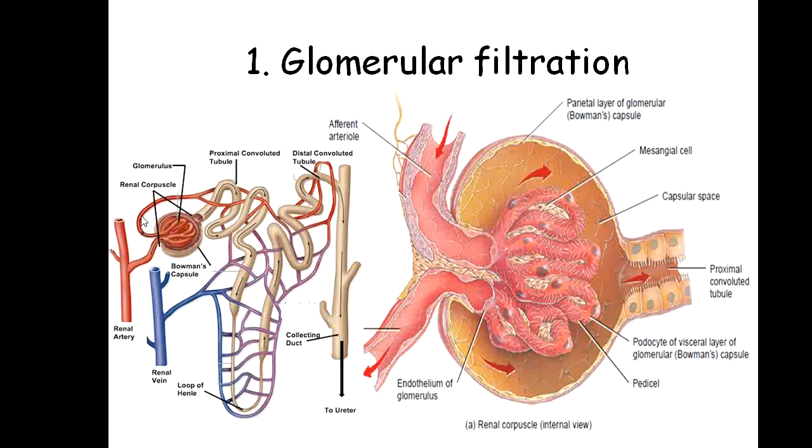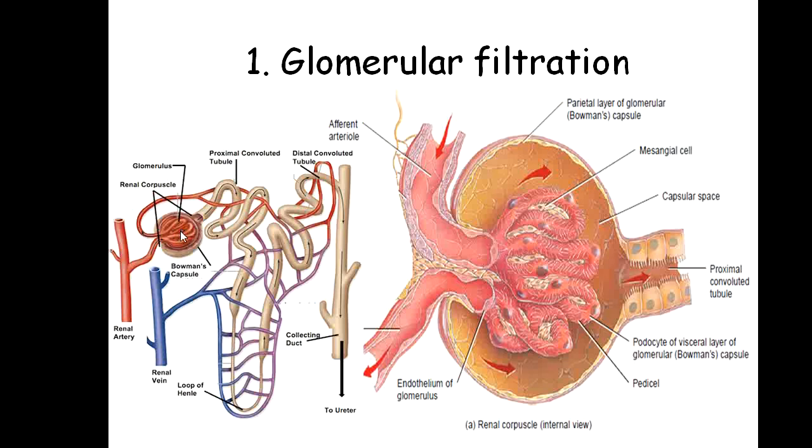This is the incoming blood vessel, and this is the outgoing blood vessel. The incoming blood vessel has a large diameter, while the outgoing blood vessel has a small diameter.